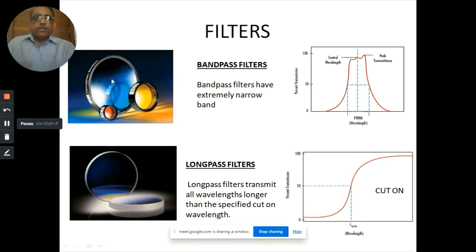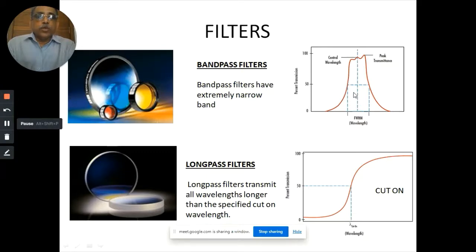So you can have a band of light being transmitted. This is basically an axis of transmission, where the y-axis is the percentage transmission and the x-axis is the wavelength. Now, if you have a transmission in a particular band, you call them bandpass filters.